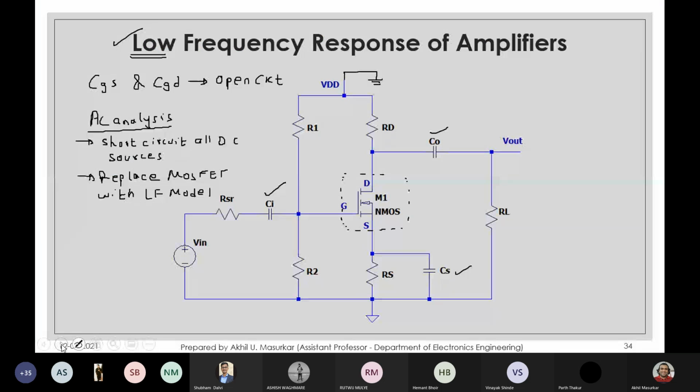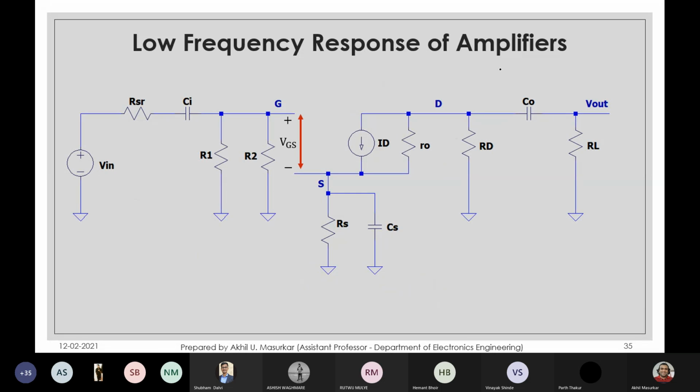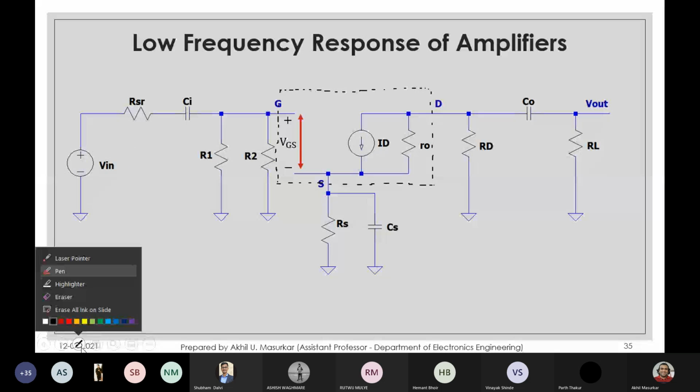So this part is the model of the MOSFET. I will say pi model of MOSFET.